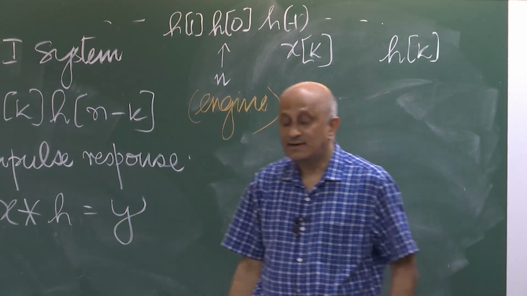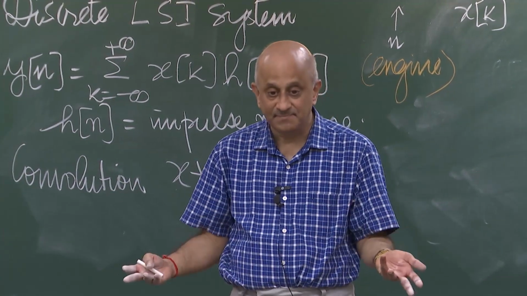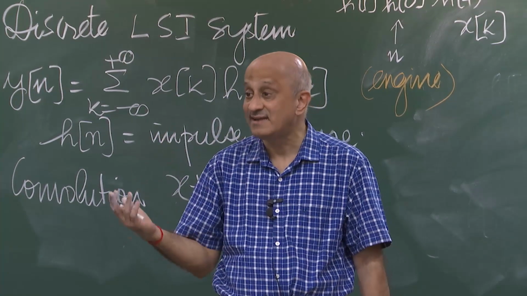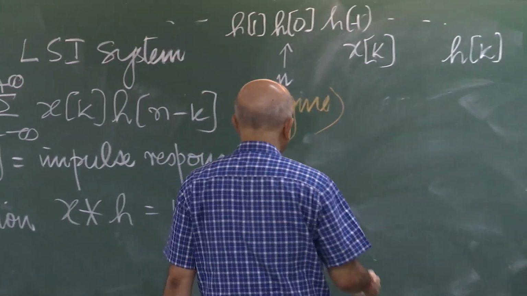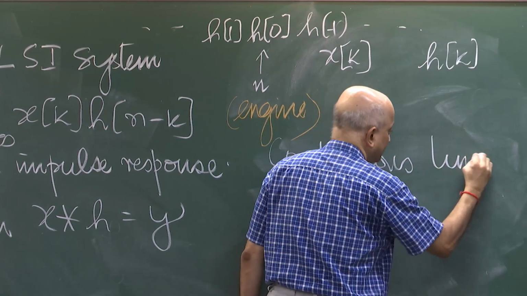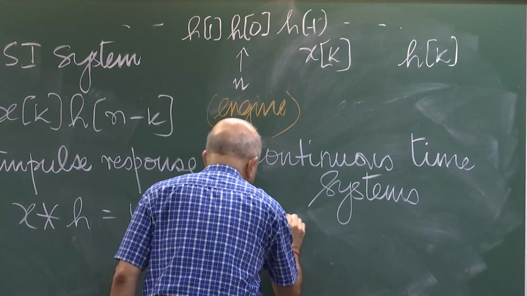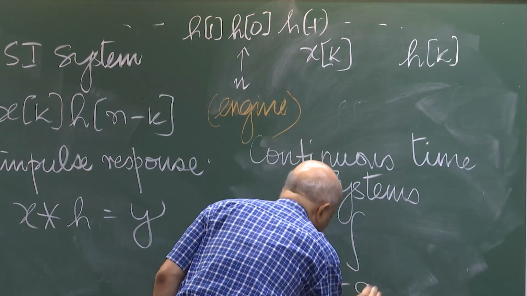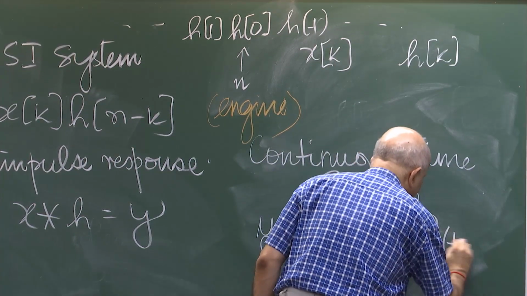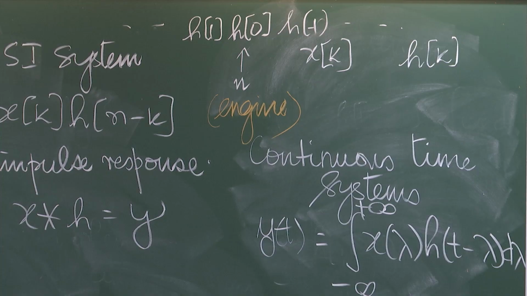And here you no longer have a discrete variable k, you have a continuous variable, you can call it lambda, and you are calculating for a continuous index t, so you have y of t for continuous time systems. y of t is the integral over all lambda of x of lambda, h of t minus lambda, d lambda. This is the operation of convolution in continuous time.